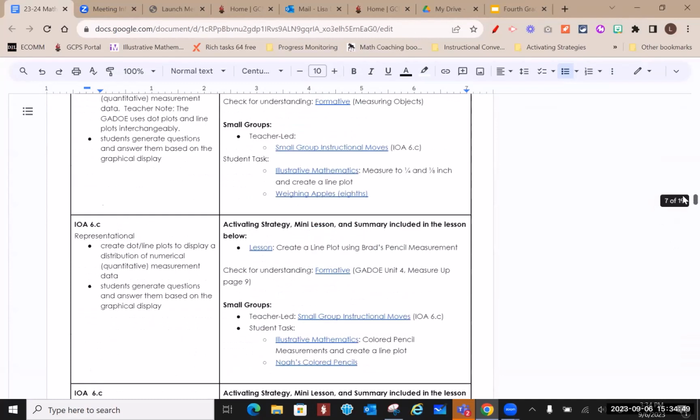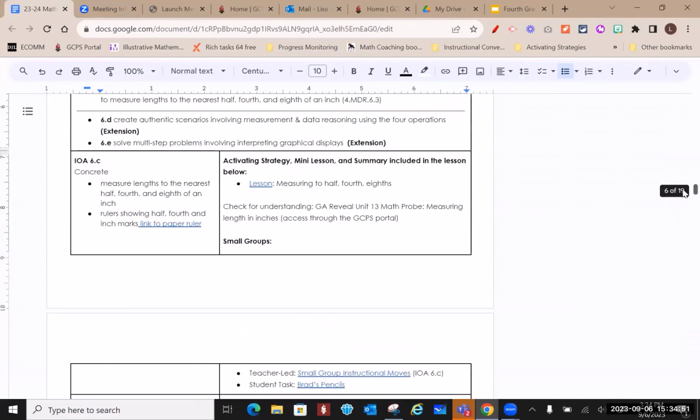I'm going to scroll back up to the top to talk about some other important features of the pacing guide. The suggested instructional sequence is located on the left side of the pacing guide. The left-hand column provides the learning progressions for the AKS IOAs, showing whether it's concrete, representational, or abstract.